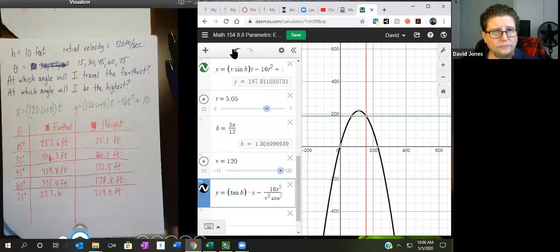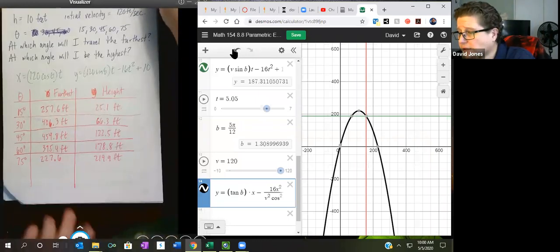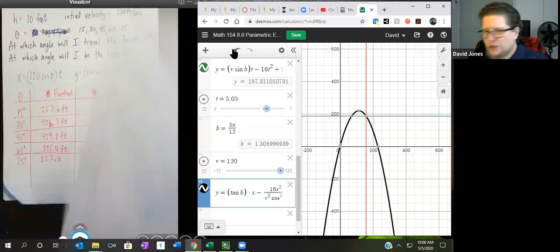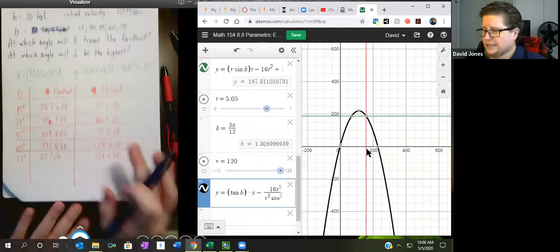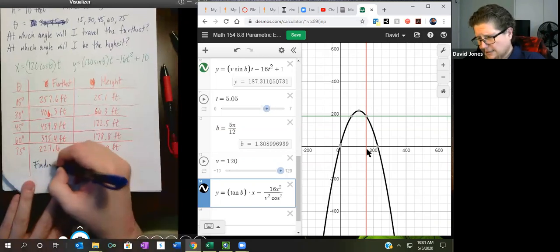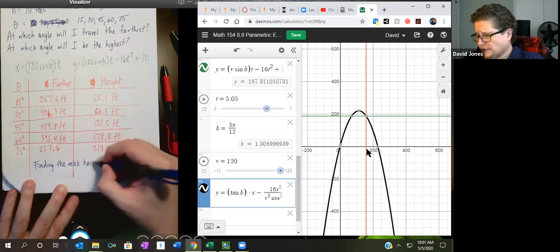Okay, so I was making the table over here, and we could have gone through and calculated this by hand. And in fact, when you get to calculus, finding the max height is really easy with calculus.